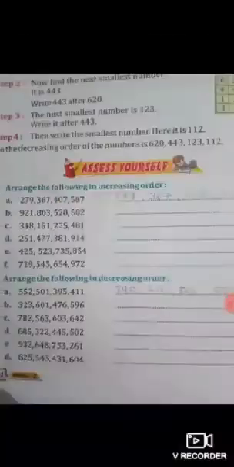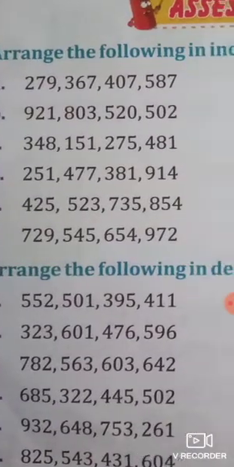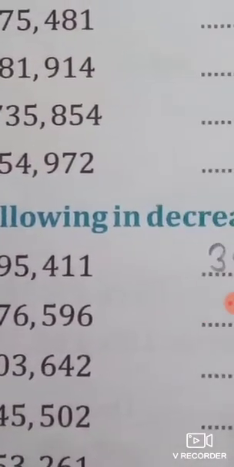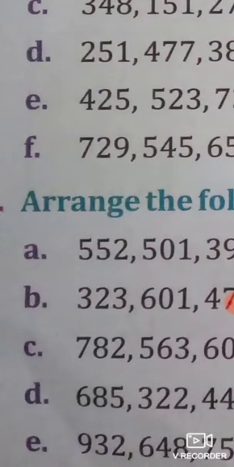Okay, now we move on. Second question, arrange the following in decreasing order. When we arrange the given numbers in decreasing order, we get 395, then 411, then 501, then 552. Okay, so children, you will arrange the rest of the numbers in decreasing order yourself.